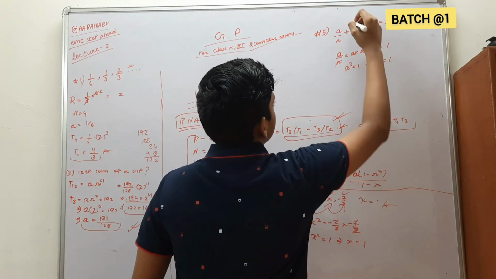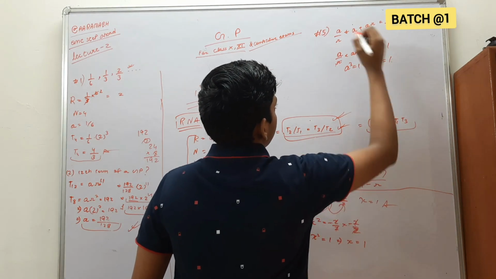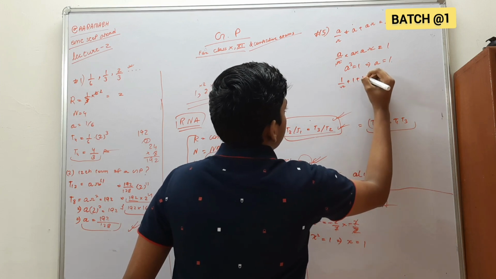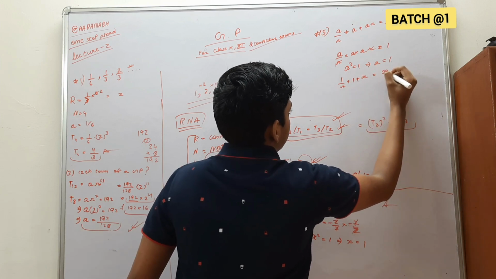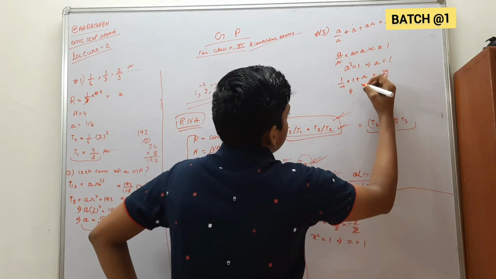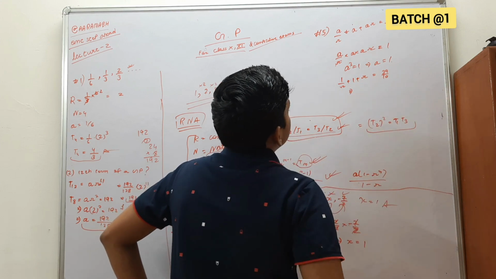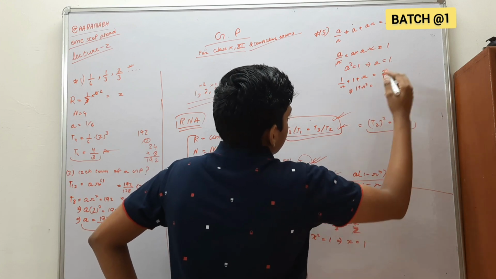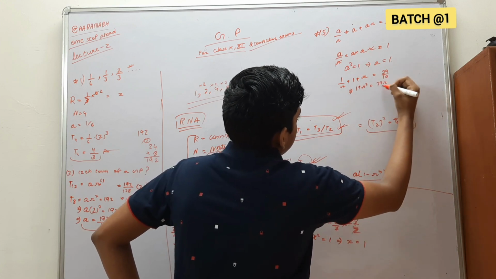So now we will put this value in here. So 1 by r plus 1 plus r is equal to 39 by 10. Let's take 1 by r plus r, it will be 1 plus r square over r, equal to 29 by 10.